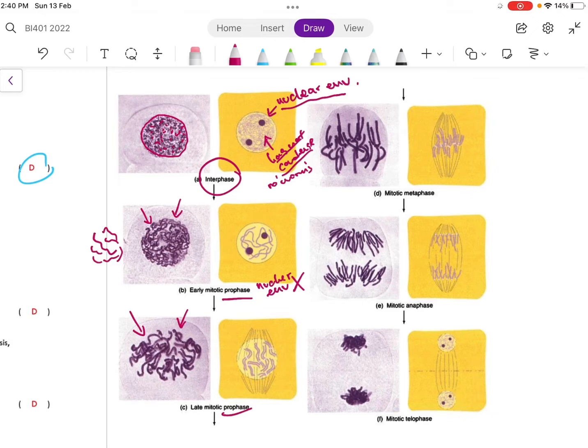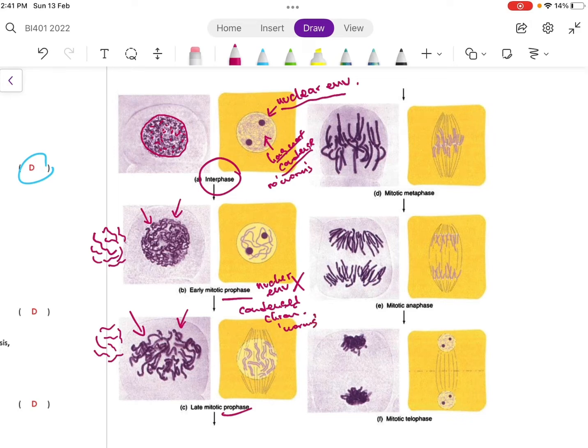But the true sign of prophase occurring is the presence of these thick, very distinct worm-like structures. Those are condensed chromosomes. So I will identify prophase with the presence of condensed chromosomes in the form of thick worms.